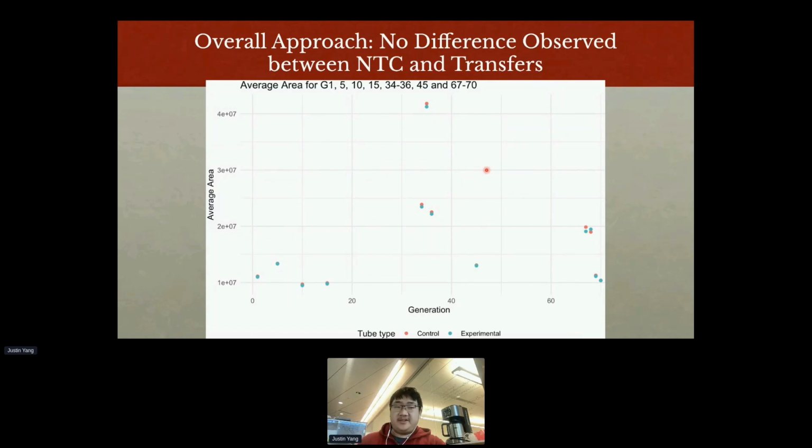This plots the average area for the means of all the compounds, meant to represent the average abundance for any given compound, and from the graph there is little to no separation between the control dots and the experimental dots.